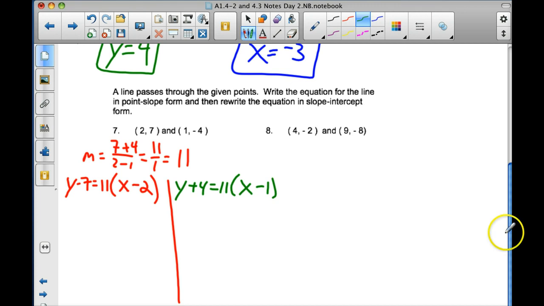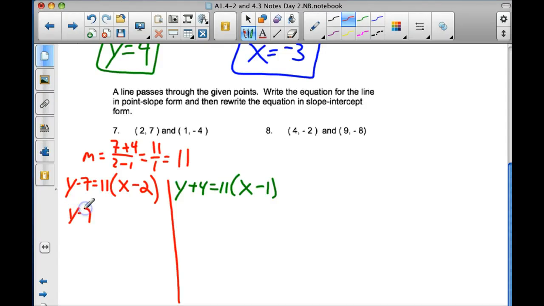Right side of the class, did I do it right? Yeah. Okay. Now, put it in slope-intercept form. Solve it for Y. Minus 15. Same, left side of the room. Did you get the green one? Solve that one for y.